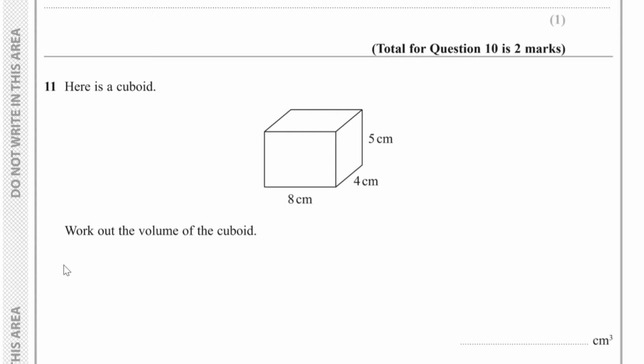So to work out the volume, we have 8 multiplied by 4 multiplied by 5. The result of this calculation is 160 centimeters cubed.